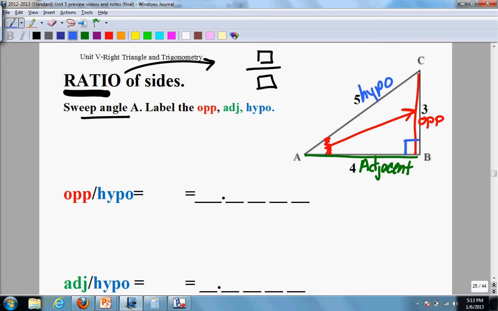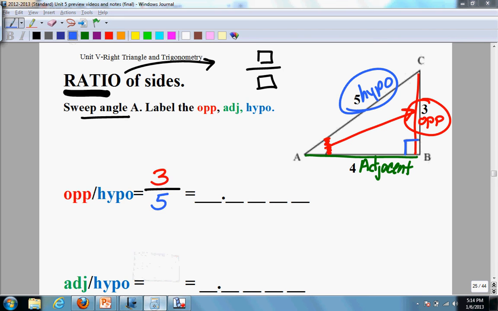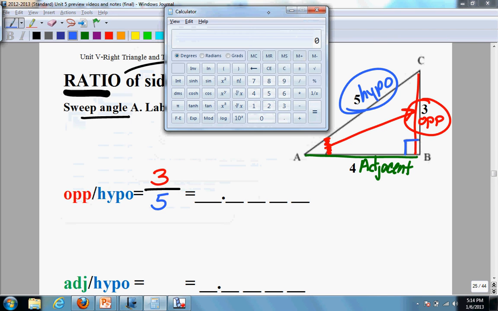Now we're going to make ratios or fractions of these sides. So we're going to take the opposite and put it over the hypo. So our opposite is 3 and our hypo is 5. So we're going to go 3 divided by 5. That is your 1 ratio, and then also I want you to get the decimal version of that.